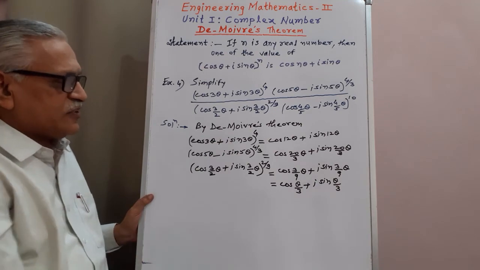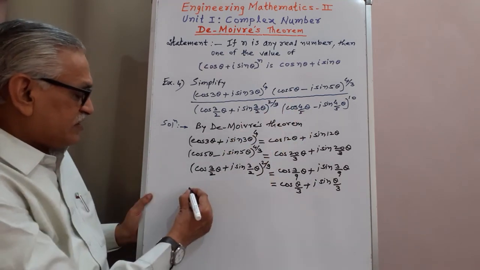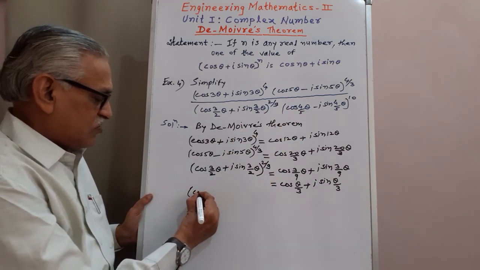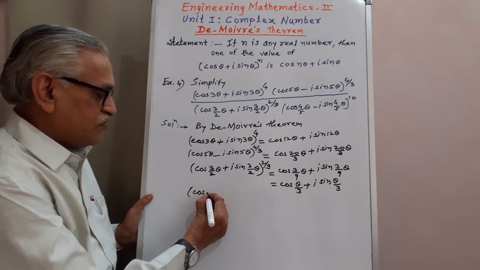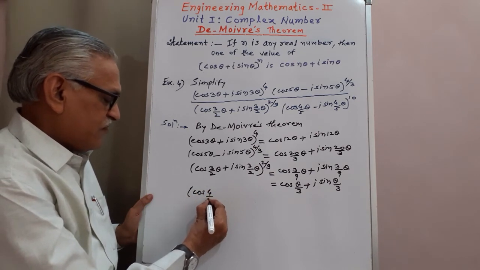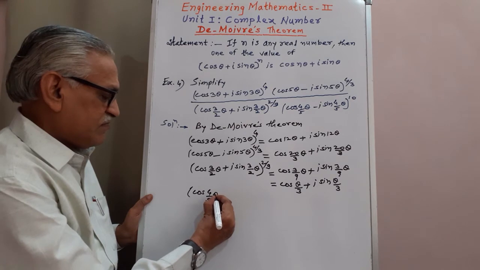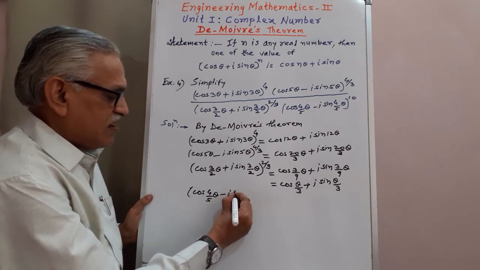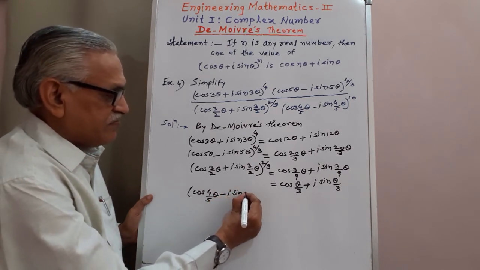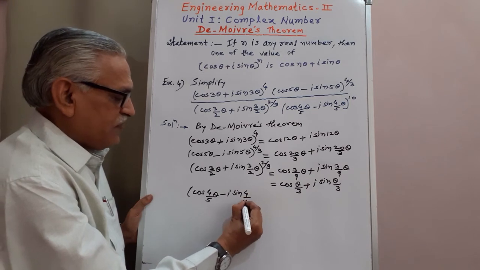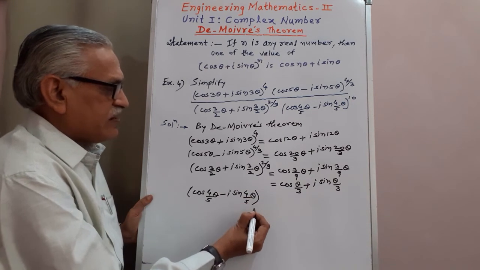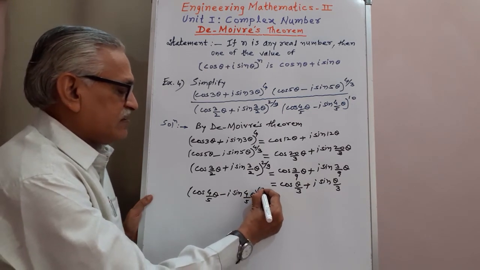And then the expansion for the last bracket, (cos of 4/5 θ − i sin of 4/5 θ) raised to 10.